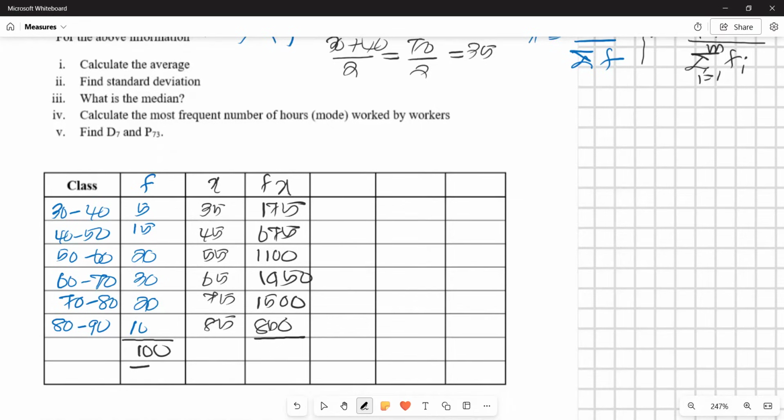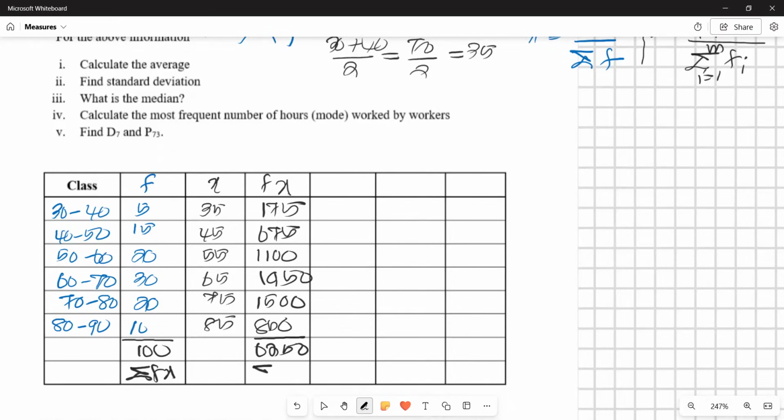This is sigma f. Then for the next column, 175 plus 675 plus 1100 plus 1950 plus 1500 plus 850 is 6,250.